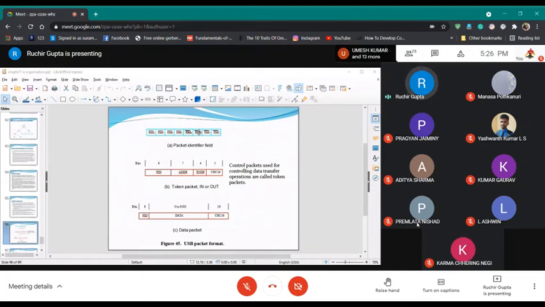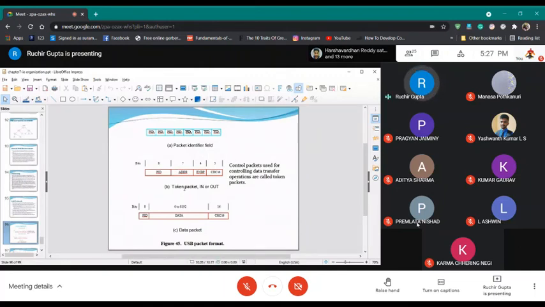That may be a control packet, that may be an acknowledgement packet, and that is again a control packet, and that may be data packets as well. So these first 8 bits are actually being used for identifying the packet type.